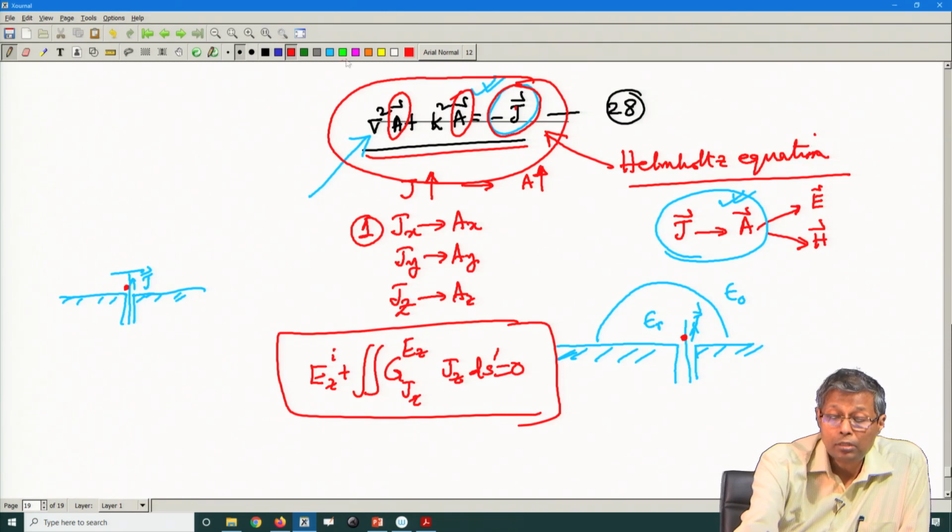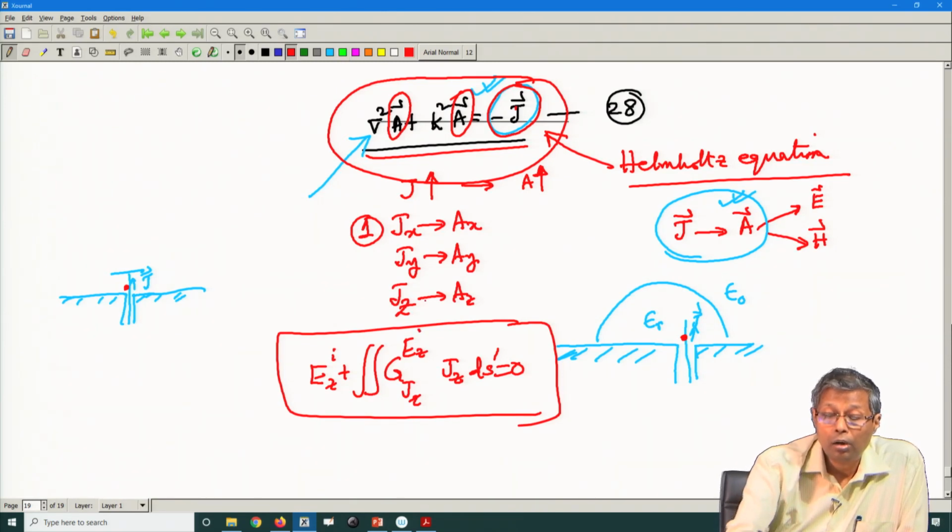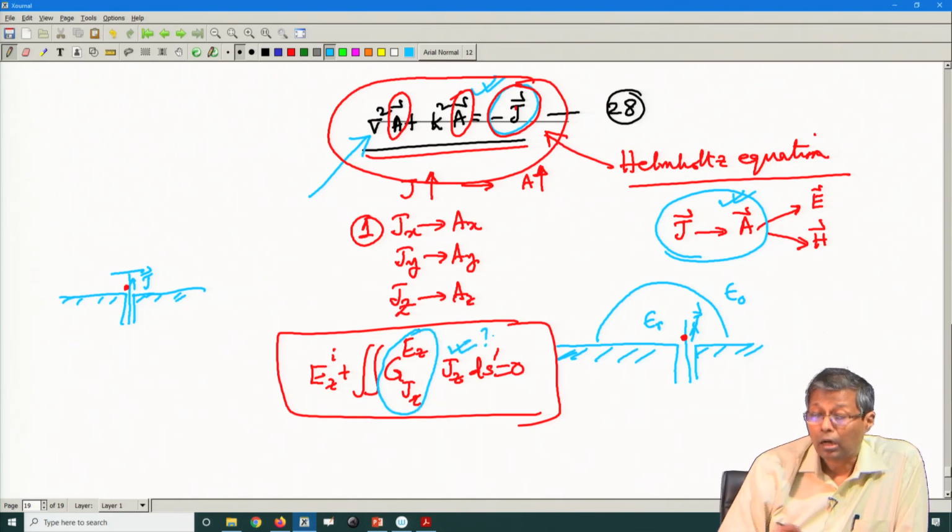So, once this Green's function is obtained, we can evaluate this true current by the imposition of the Pocklington's integral.